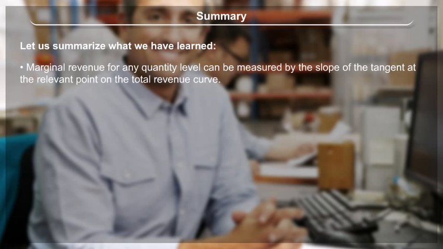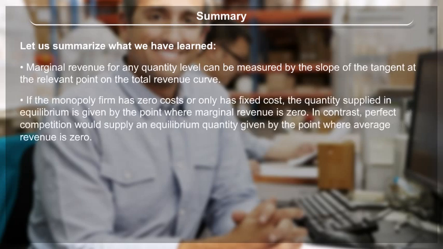If the monopoly firm has zero costs or only has fixed cost, the quantity supplied in equilibrium is given by the point where marginal revenue is zero. In contrast, perfect competition would supply an equilibrium quantity given by the point where average revenue is zero.